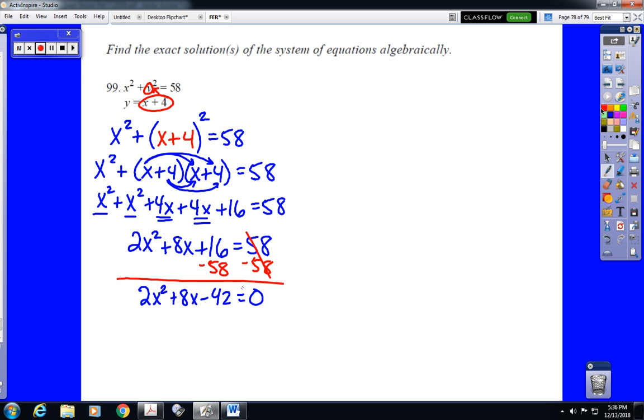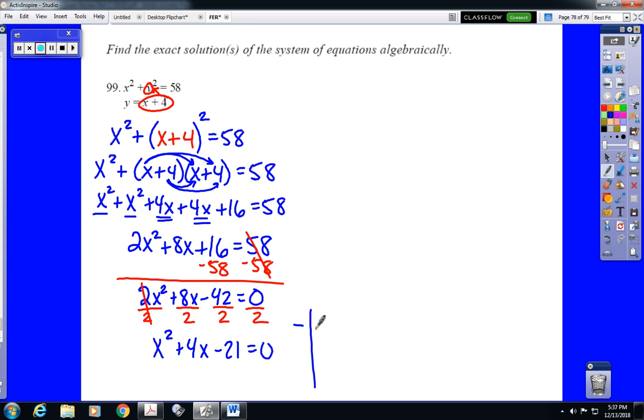And then I'm going to see if that factors. Well, the first thing is everything there can be divided by 2. Now, if I do that to one side, I also have to do it to the other. But since the other side is a 0, that works out just fine. So that would be x squared plus 4x minus 21 equals 0.